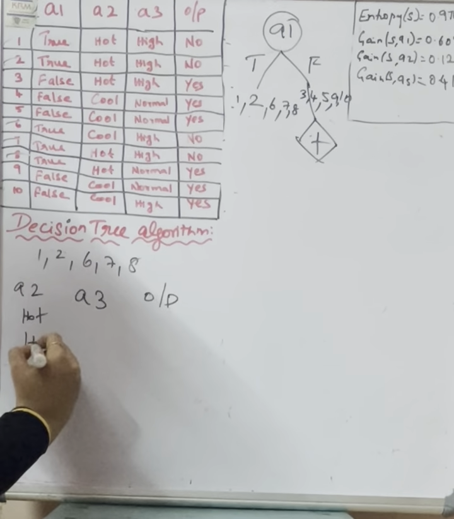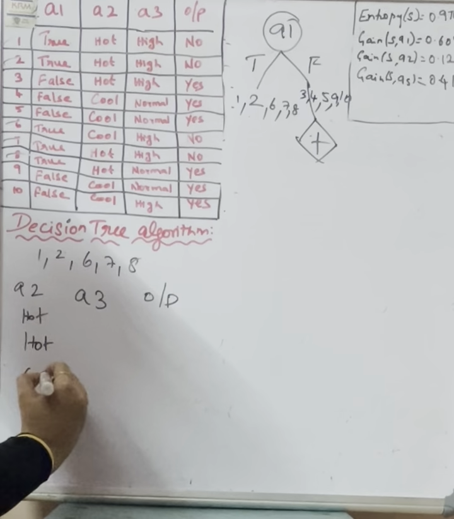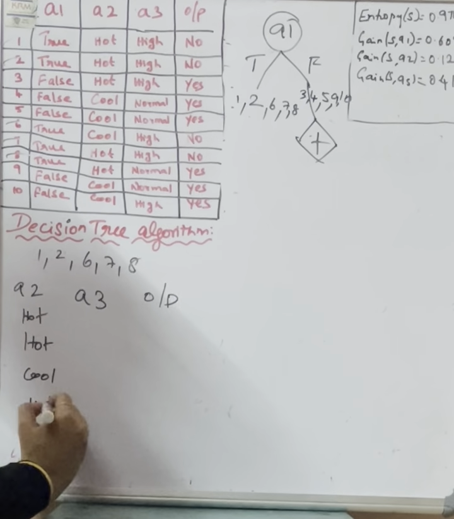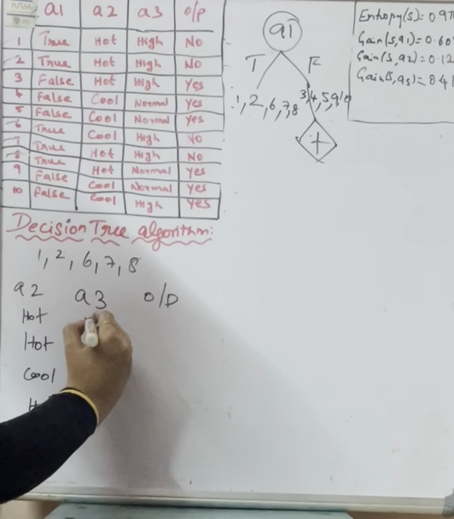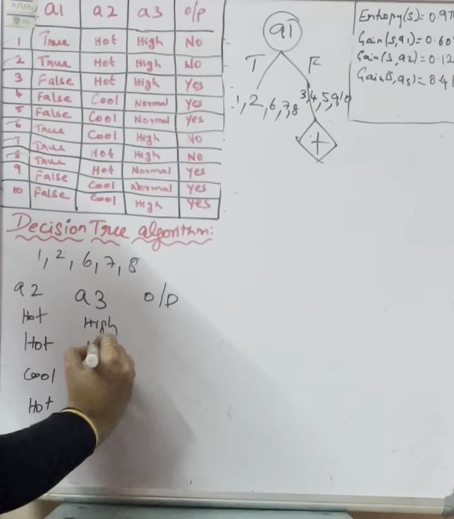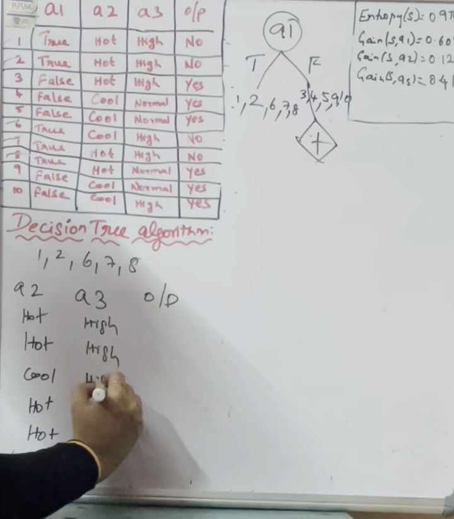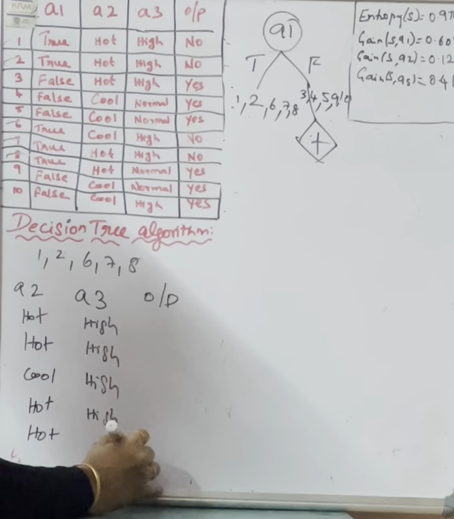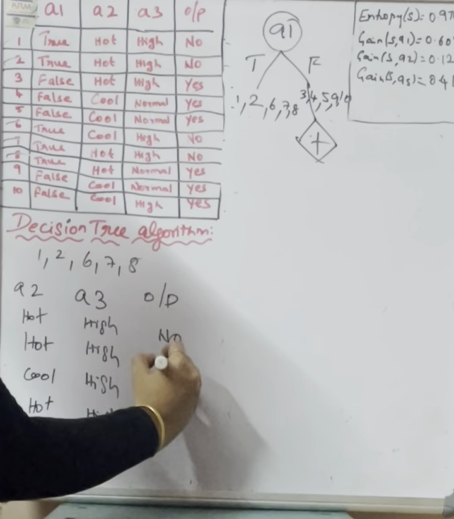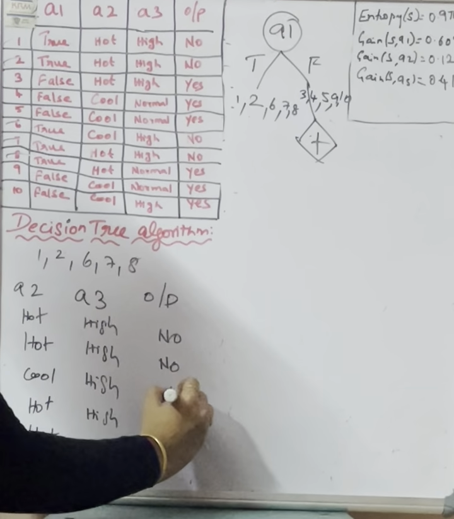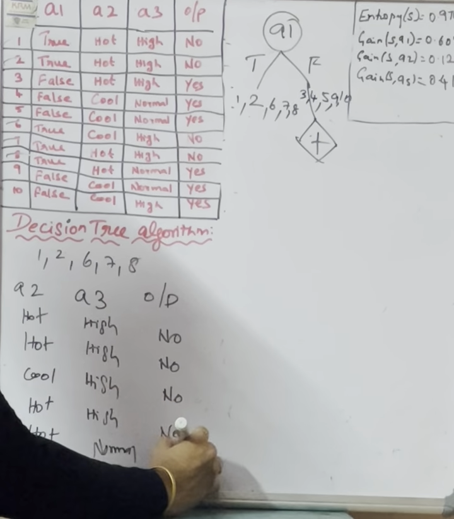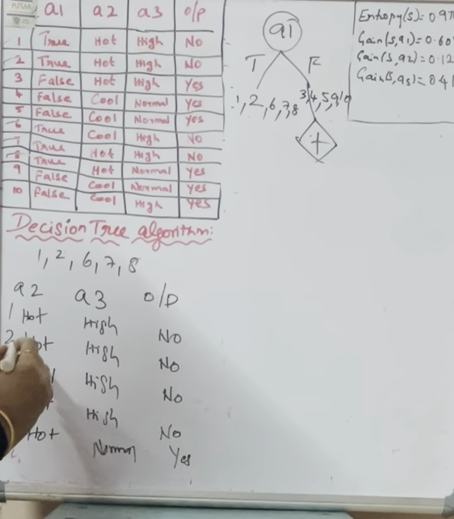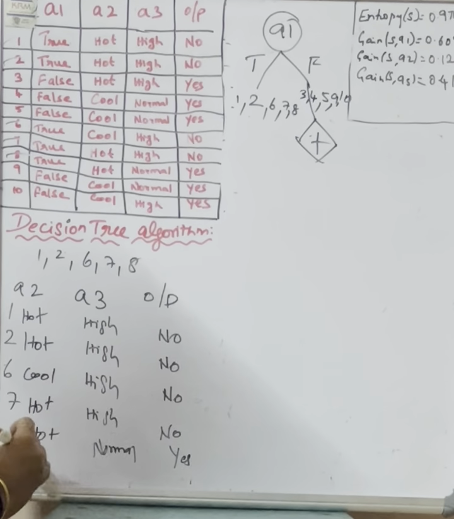So when I consolidate that and write it, A2 is hot, cool, hot and hot, right? And A3 is high, high, high, high and normal. In the outcome we have no, no, no and yes. So the samples we have taken into consideration are 1, 2, 6, 7 and 8 alone.